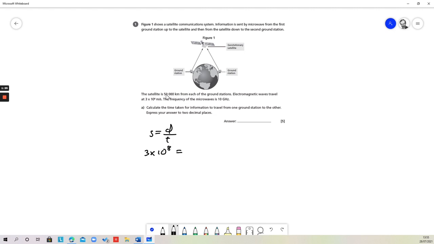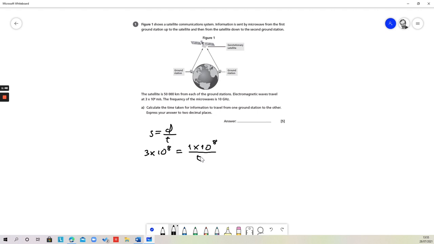So instead of writing down 100,000 or 1 times 10 to the power 5, there are 1,000 meters in a kilometer. So in that case, I'm going to write that down as 1 times 10 to the power 8. So it's 1 times 10 to the power 8, and that's in meters, and that's the distance there.